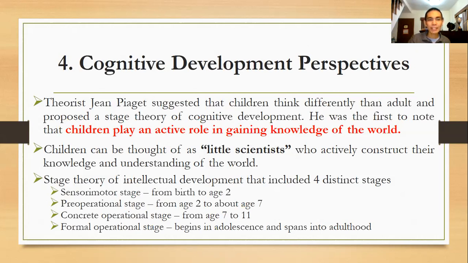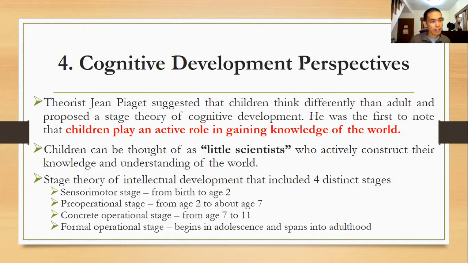And the stage theory of intellectual development included four distinct stages, according to Jean Piaget, based on his observation of his own children. The first one is the sensorimotor stage, from birth to age 2.